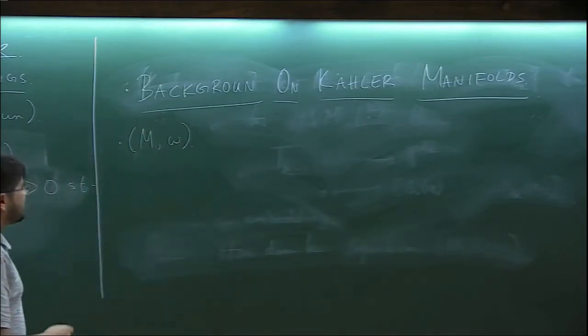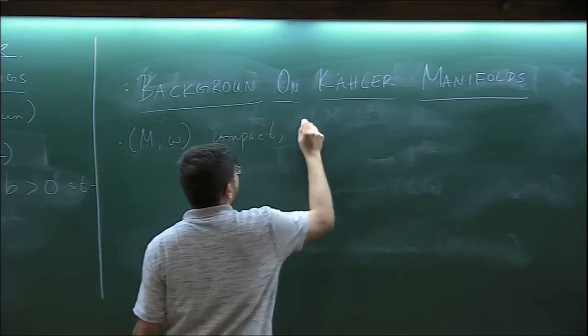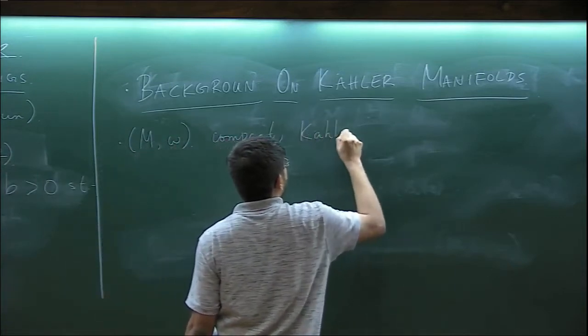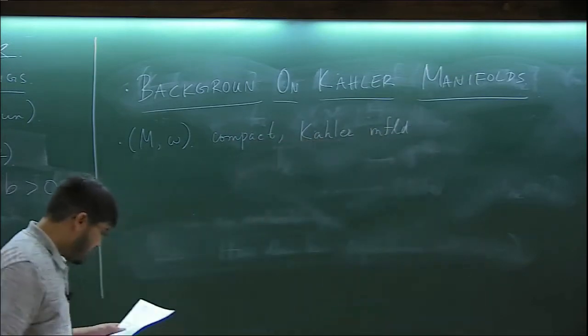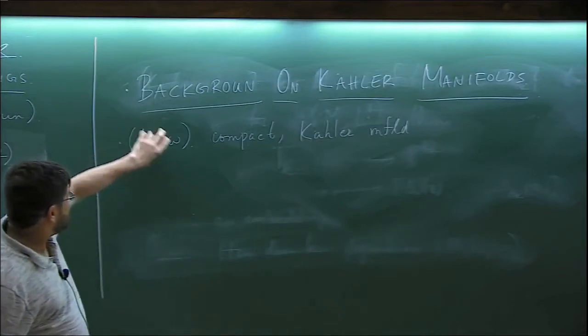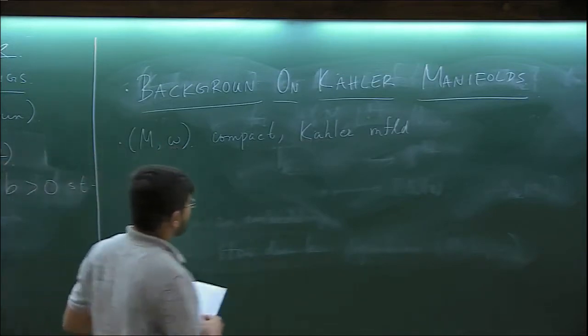Right, so I start with a compact Kahler manifold. So that means I have a compact complex manifold with this 2 form.